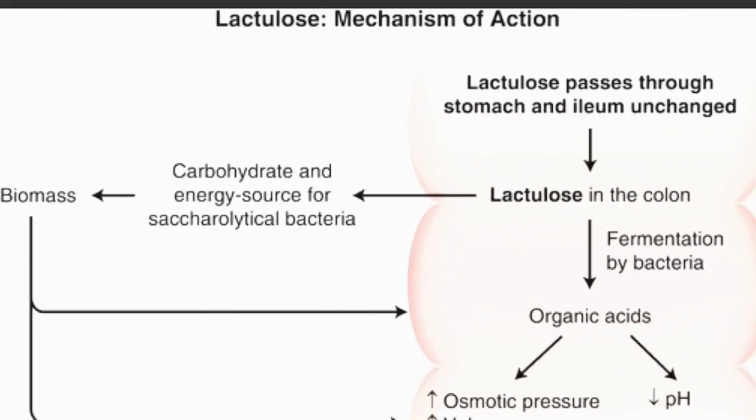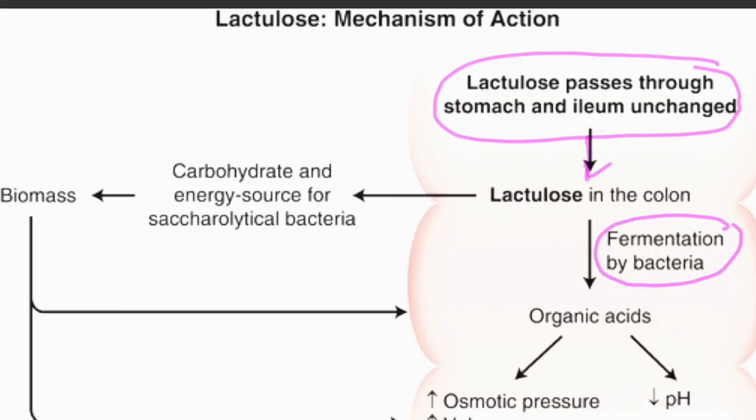Now look into the mechanism of action of lactulose. Lactulose is a disaccharide, like lactose, but it is not affected by the intestinal enzymes. So it reaches the colon, where it is acted upon by bacterial fermentation. It forms organic acids and decreases the pH.